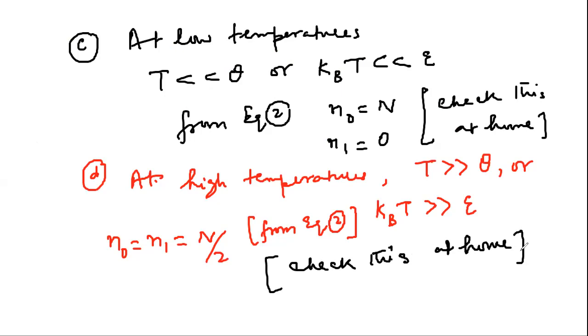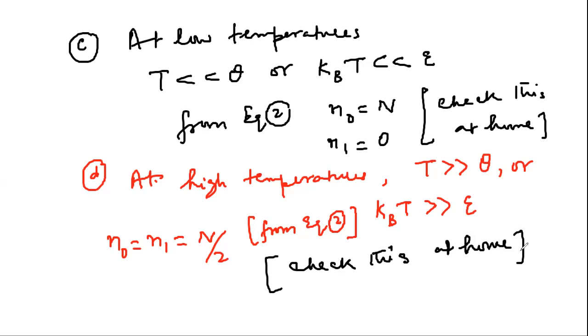What is the meaning of this? The meaning is that at high temperature compared to characteristic temperature, there are equal numbers of particles in the two states which are available. That is, the difference in energy between the states becomes irrelevant. I repeat, at high temperatures compared to theta, there are equal numbers of particles in the two states available to the system, that is J is equal to 0 and J is equal to 1.